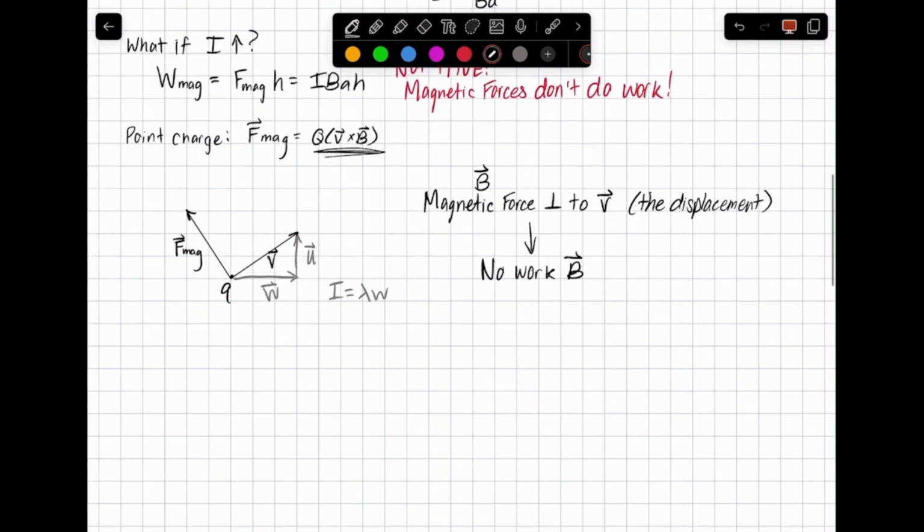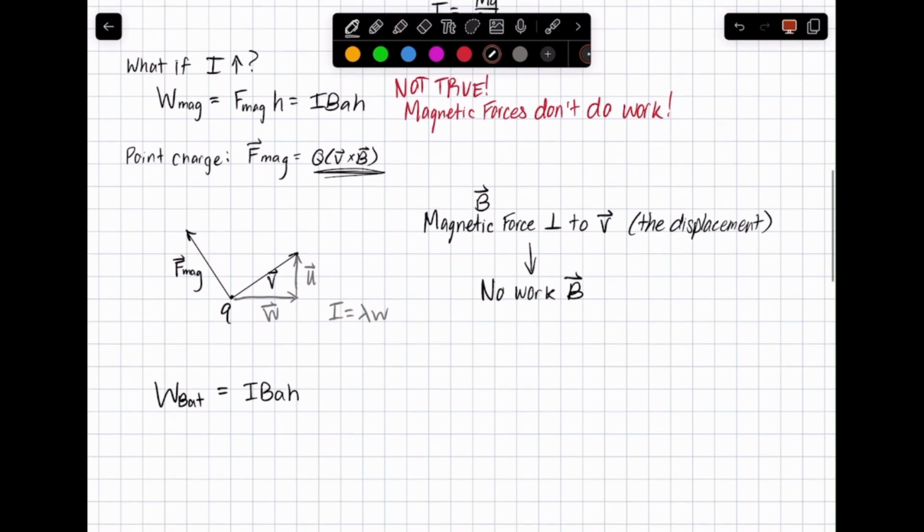Instead, it's more accurate to write that the work is being done by, let's say, a generator or a battery, whatever is producing this current. That is what's doing the work on the loop. And therefore, work due to the battery would be accurate here. So that's the key here.